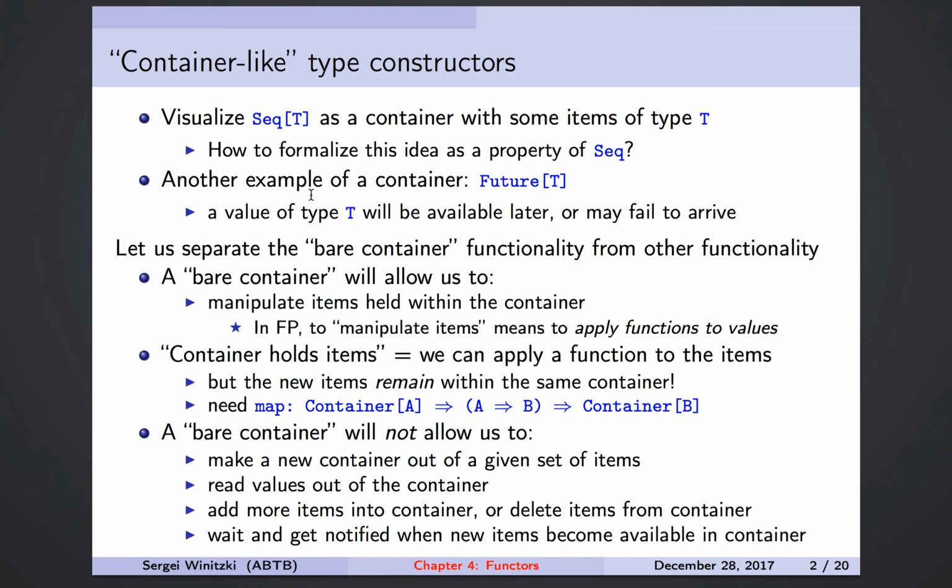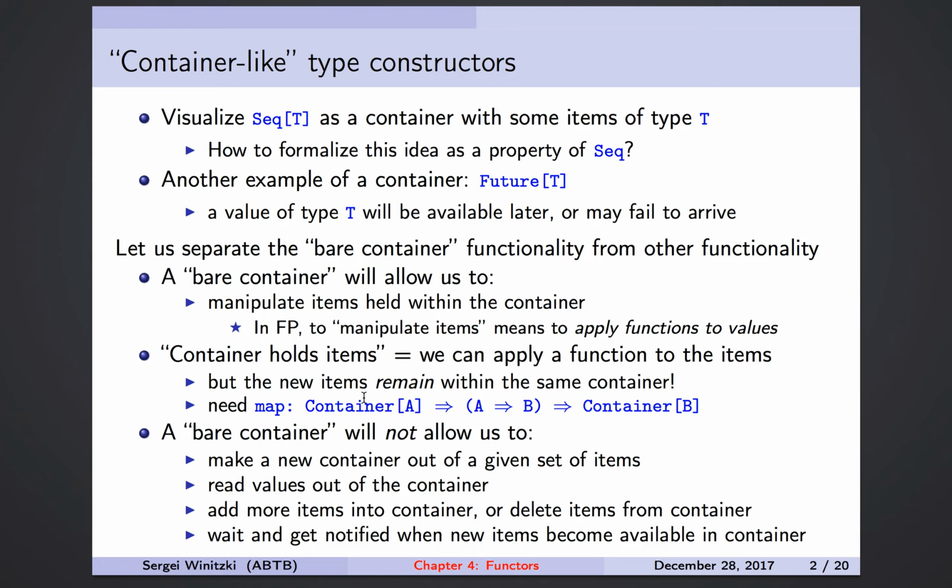Each data item in the sequence would have been transformed through this function, but the resulting data of type B remain within the sequence, and so it's the same shape of the container that remains, and the data is not extracted out of the container, it remains within the container. And the same thing happens with the future type.